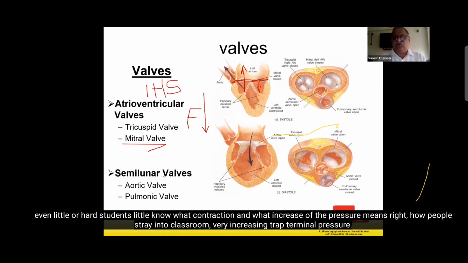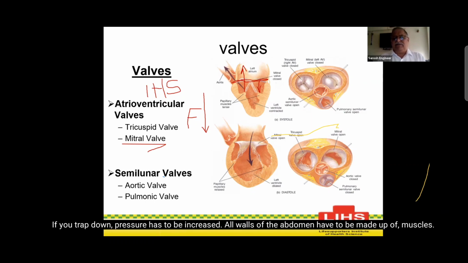How people strain to pass stool. So we're increasing intra-abdominal pressure. Only muscle can contract. If muscle can contract, the space can become narrow. If the space becomes narrow, the force of contraction is transferred from the wall to the contents.